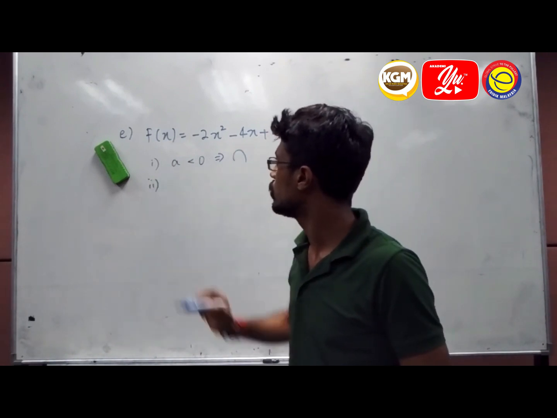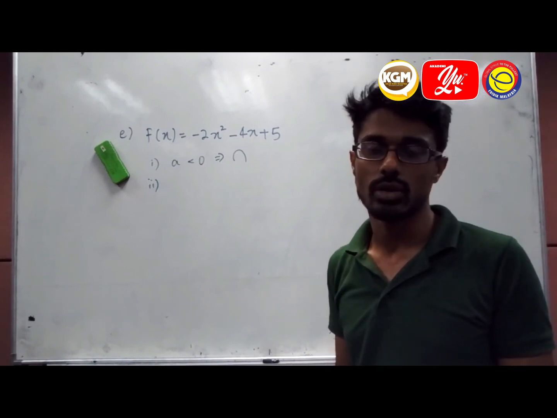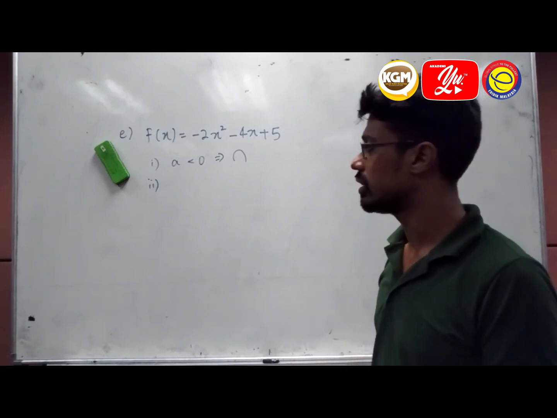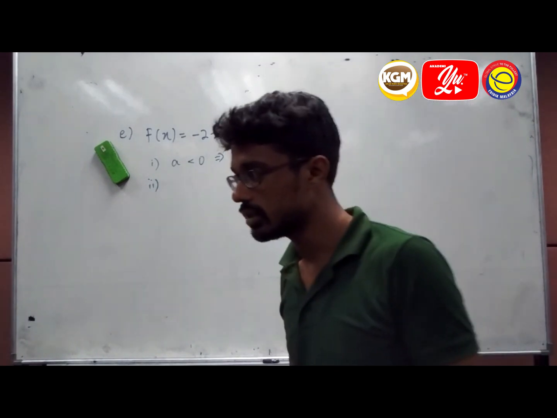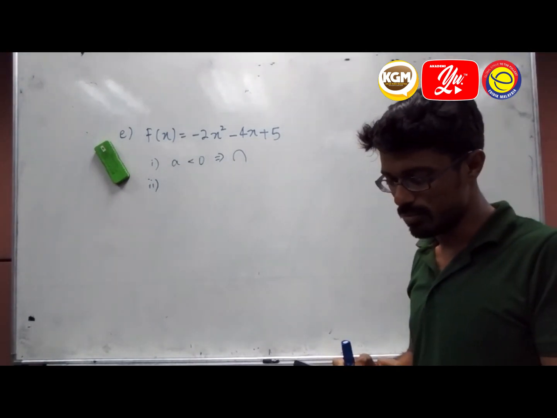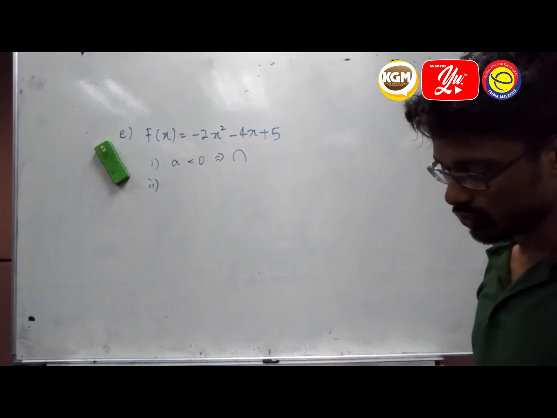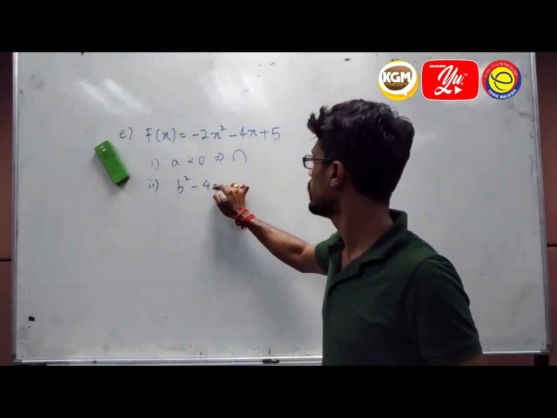Secondly, okay, we need to go and see what is the x-intercept, whether the x-intercept exists or not. So for this, we can go and calculate the value of b squared minus 4ac. Okay, let me grab my calculator. So if we just quickly check, b squared minus 4ac.